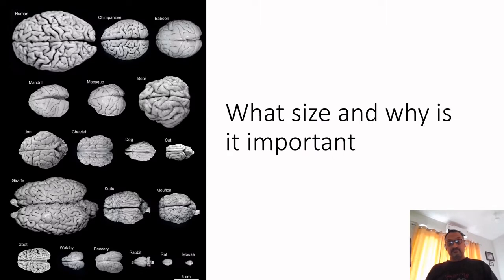In addition to the scales, there is a second component, which is that it depends on what species you want to study. The brain size actually varies, right? So the human brain, as I just mentioned, is fairly large. It's about 15 centimeter by 15 centimeter by 15 centimeter, compared to, let's say, a mouse, which is 1 centimeter by 1 centimeter by 1 centimeter. And this is particularly important, right?